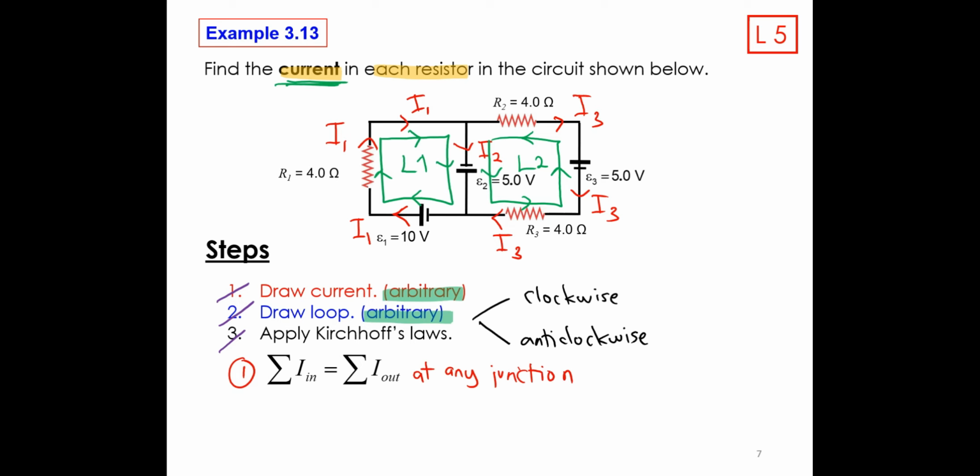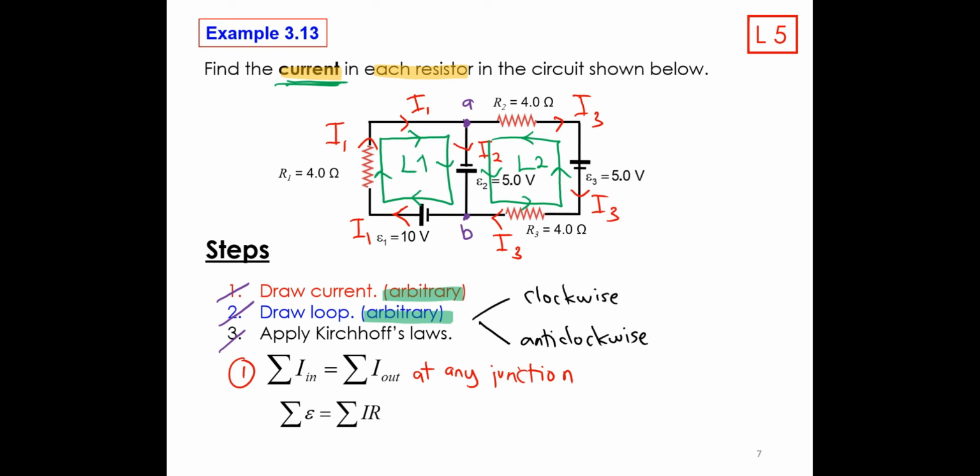If you refer to our circuit, this is our junction, this one as A and this one as B. So you can choose either junction. The product is the same. Just follow which one is towards the junction and which one is away from the junction.